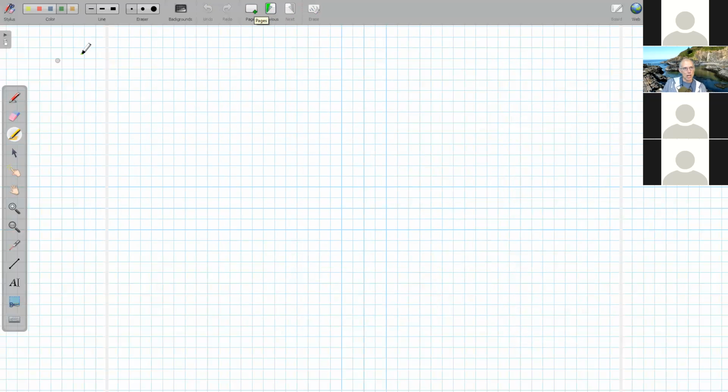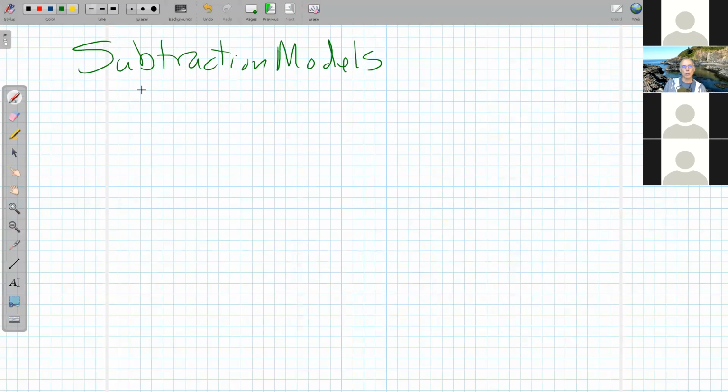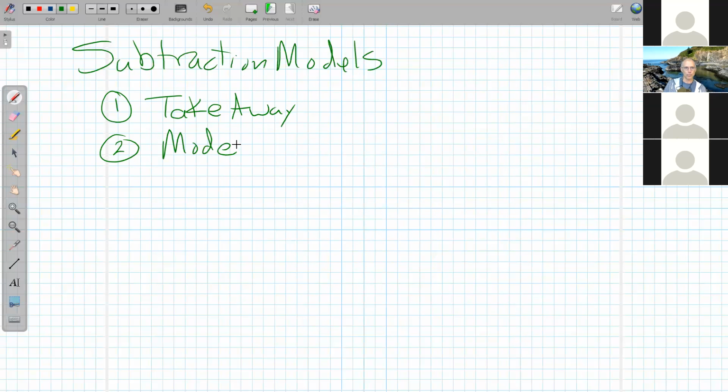All right. So subtraction models. We have two main models and then kind of a couple of side models for subtraction. So the main ones I'm most concerned about are one, the takeaway model, and two, the comparison model. Comparison first, comparison.